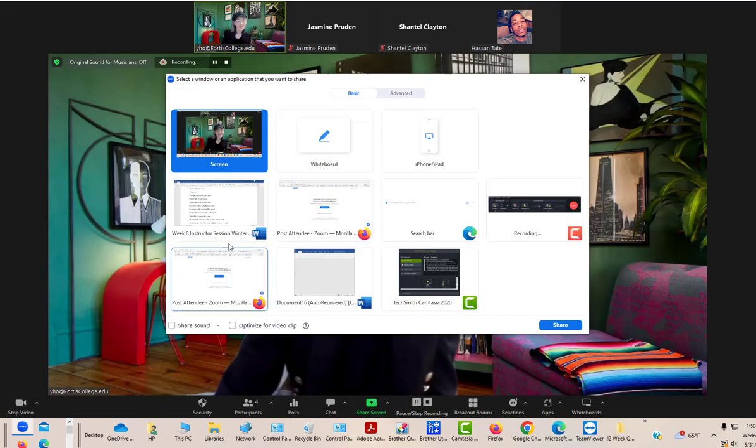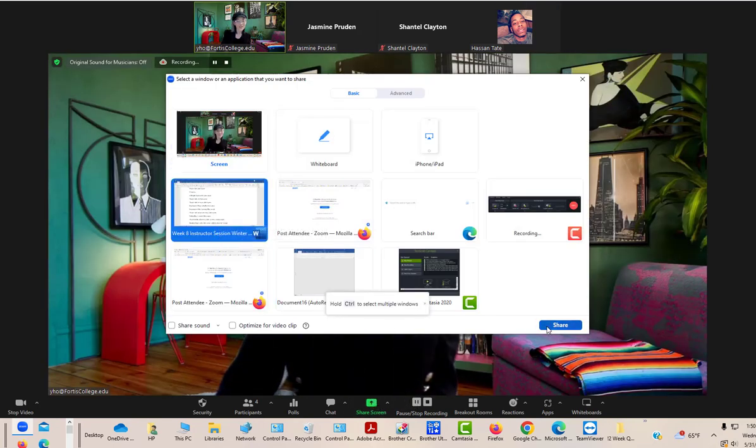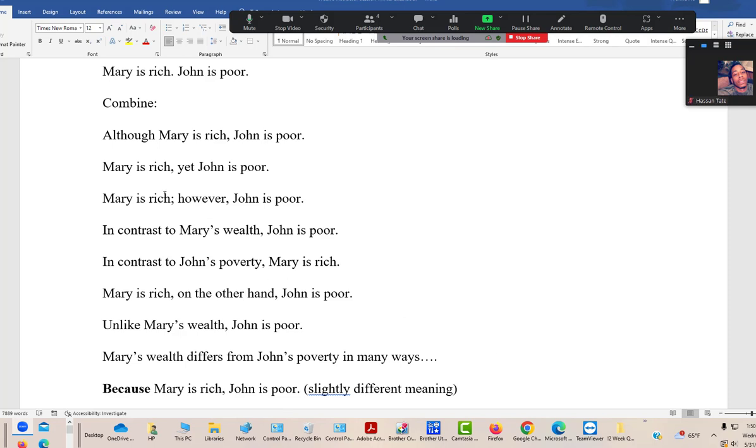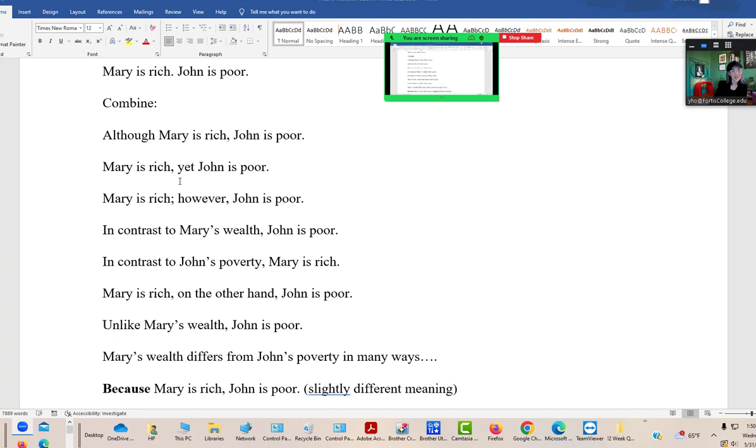You're the expert on sentence structure. If I said Mary is rich, yet John is poor, what kind of sentence is that? Compound. Yes, you got it correct. Compound, because you have an independent clause joined by FANBOYS and an independent clause.